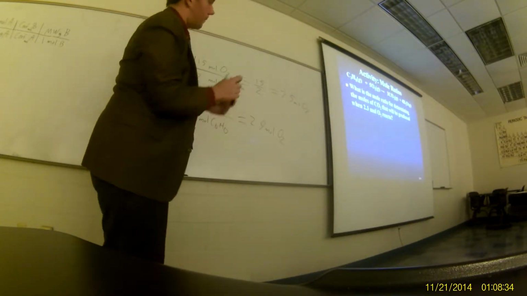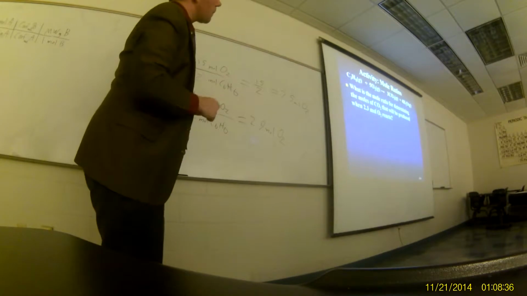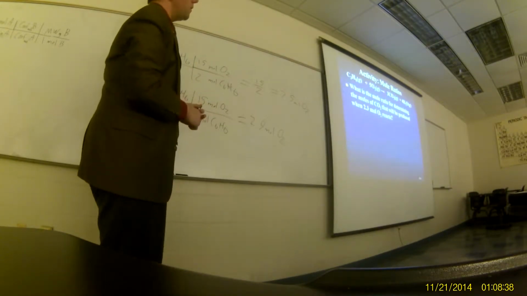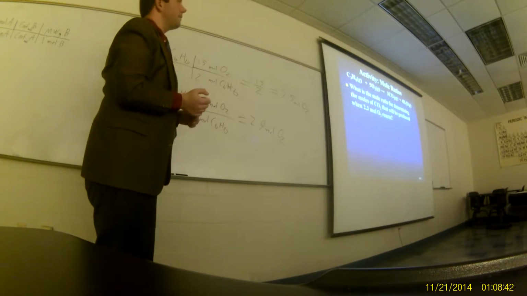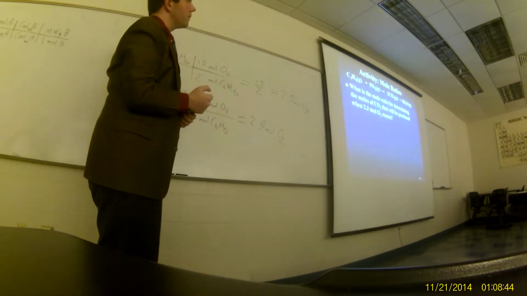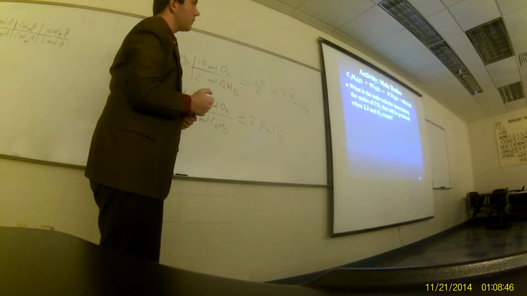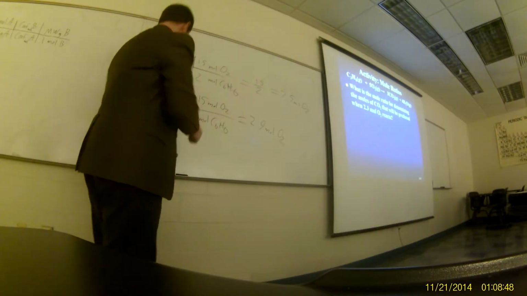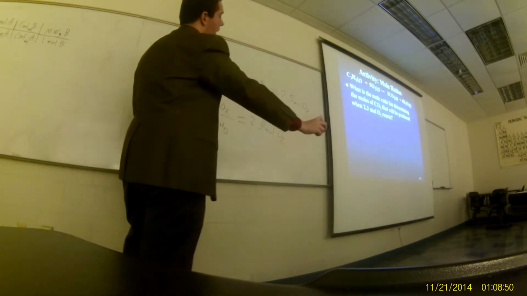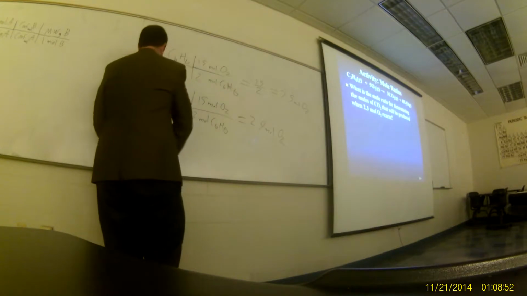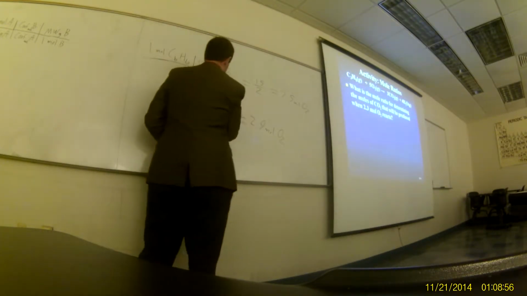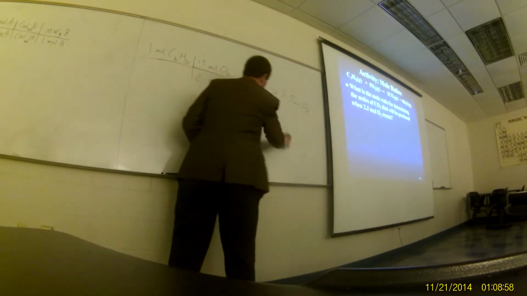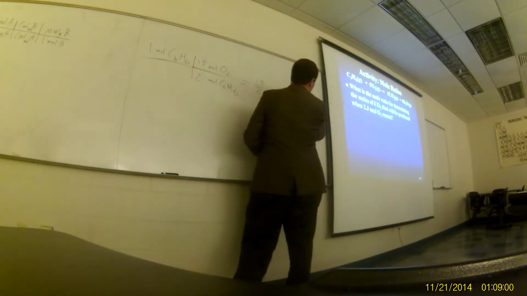So here's another one. What is the mole ratio of CO2 to oxygen? 3 to 5. CO2 has a 3, oxygen has a 5. And so in these questions, we were figuring out if I have so much of one reactant, how much of the other reactant do I need?